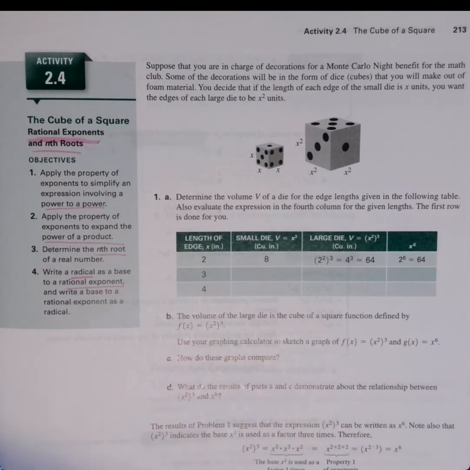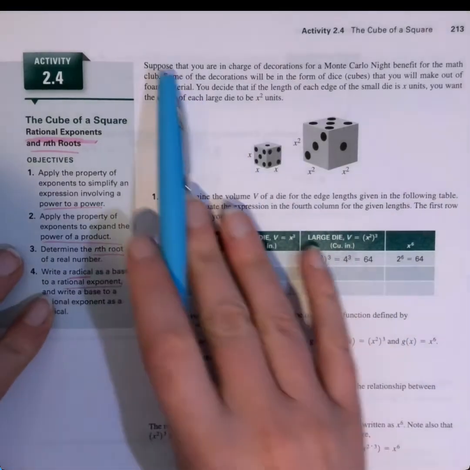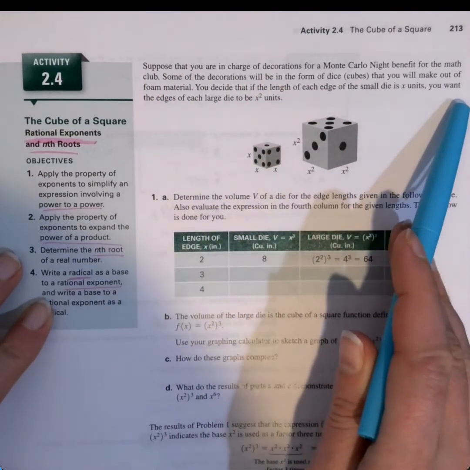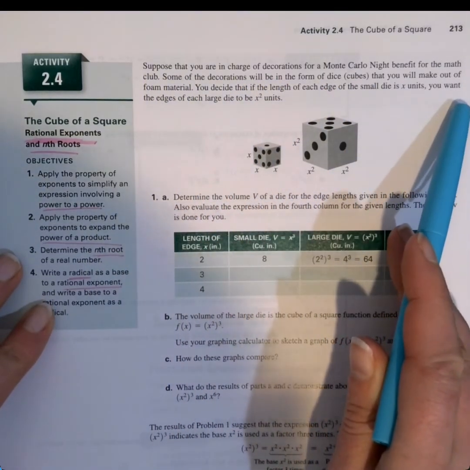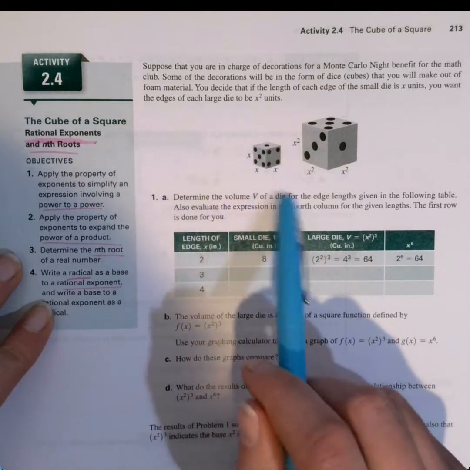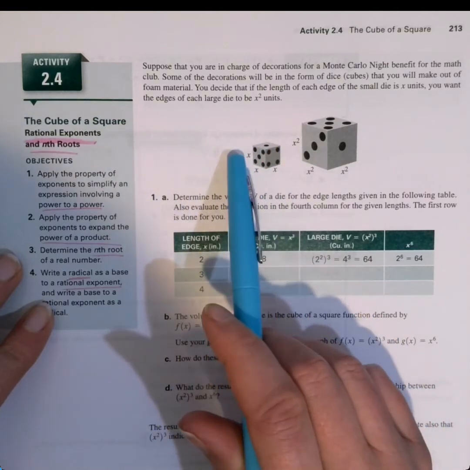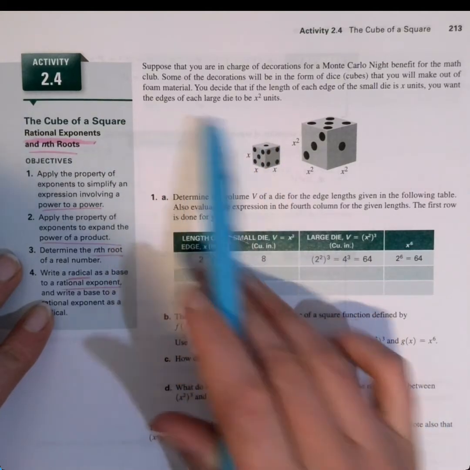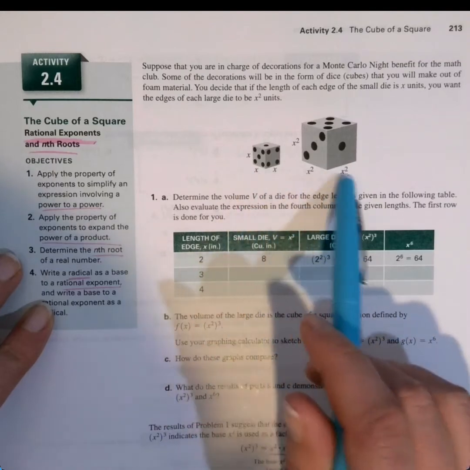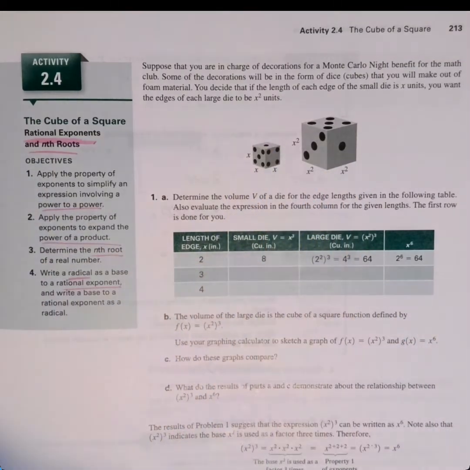To get us started, we are making some decorations that look like dice, and we want the small die to have sides x by x by x, and the large die to have x squared units on all sides.